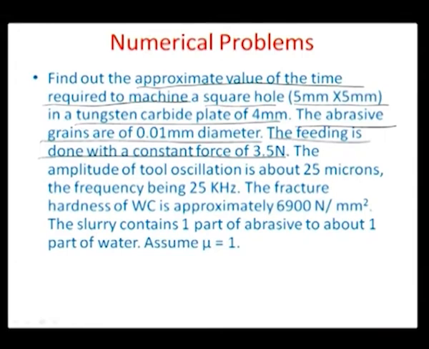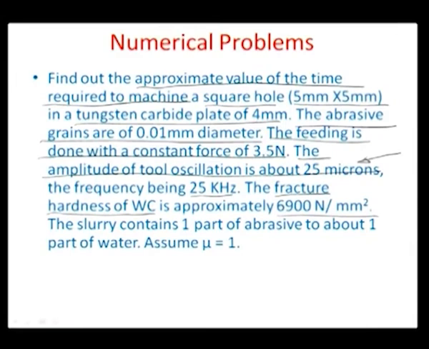The amplitude of oscillation of the tool is about 25 microns, which is typically the distance over which the tool operates. The frequency of operation is very high, about 25 kilohertz in the ultrasonic range, and some other parameters related to the metal are given here. For example, the fracture hardness of the tungsten carbide sheet is approximately 6900 Newton per millimeter square, which comes from the indentation test, assuming hemispherical indentation.